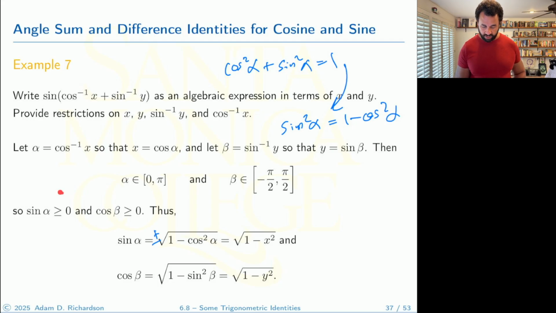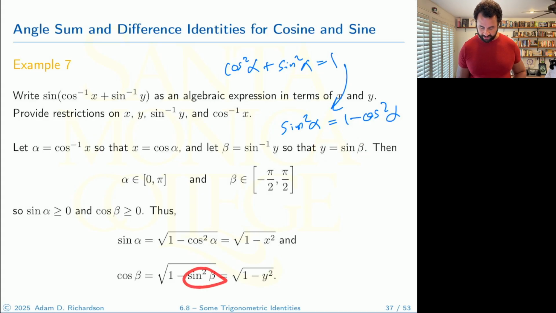But because we know that sine of alpha is positive, we have to take the positive result. There we go. So we can rewrite sine of alpha as this, square root of 1 minus cosine squared alpha. And then remember, cosine of alpha is equal to x. So cosine squared alpha is equal to x squared. And that's what we get right there. Similar result for cosine beta, 1 minus sine squared beta, but y is equal to sine of beta.